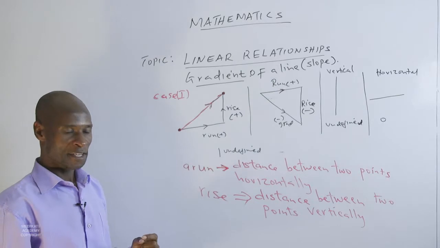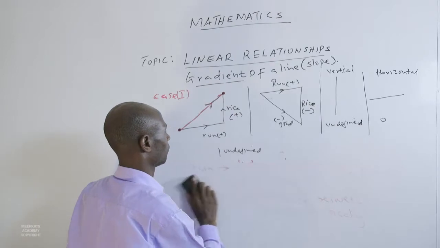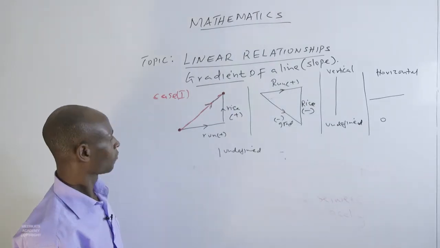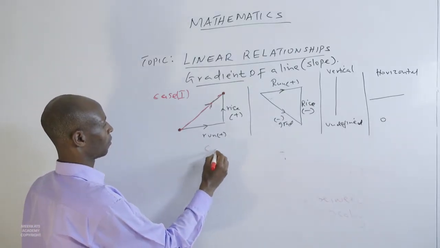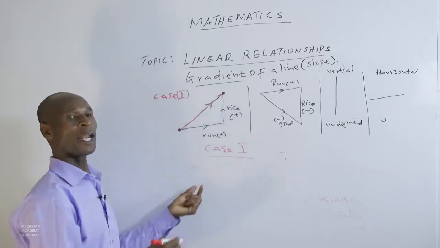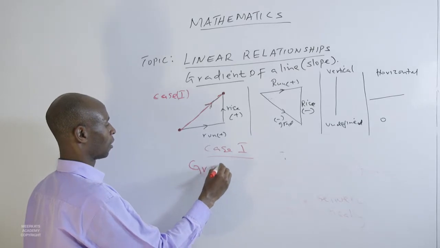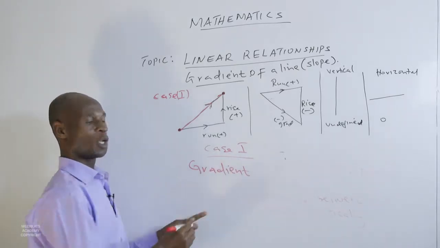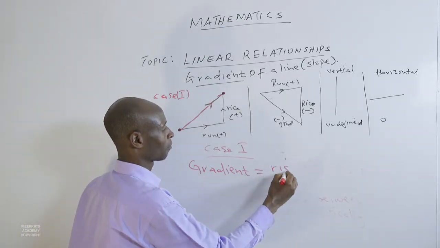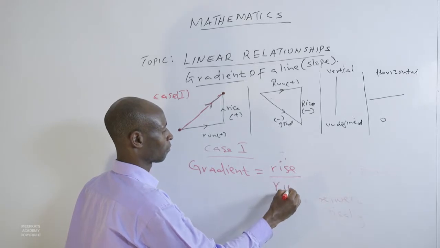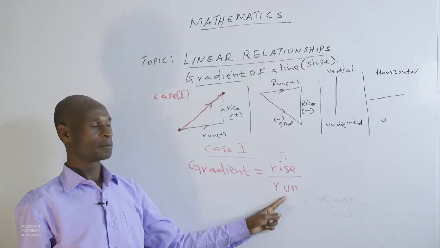To calculate the gradient, we shall apply the formula rise divided by the run.